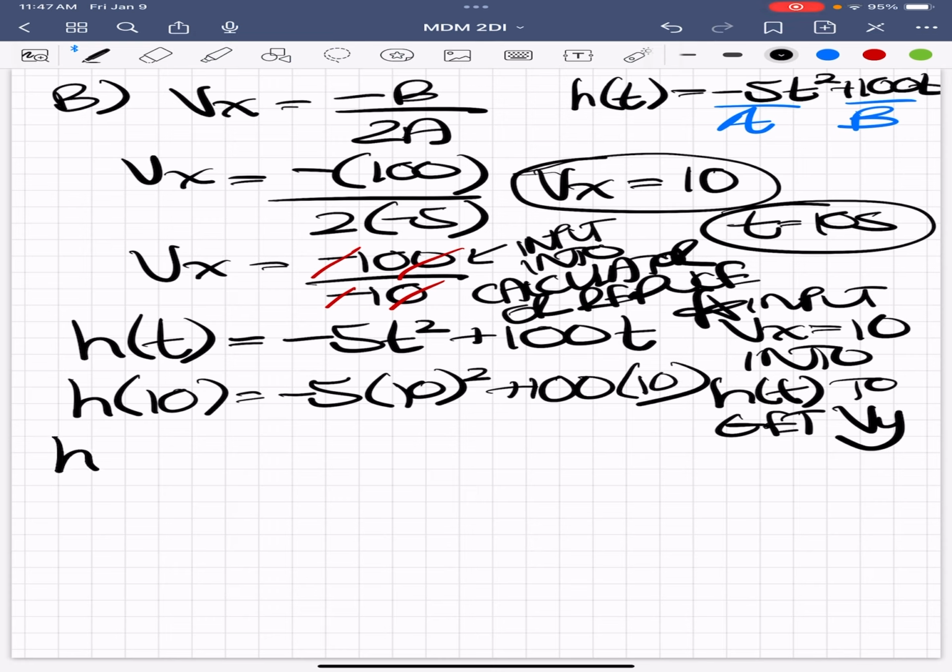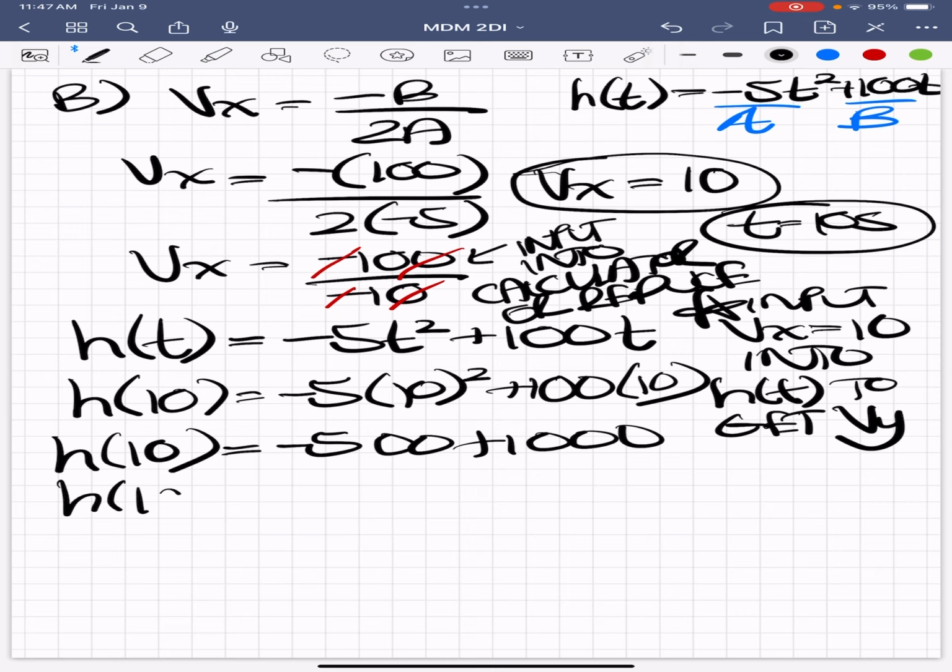H of 10. And then we get negative 500 plus 1,000. H of 10 would be 500 meters.